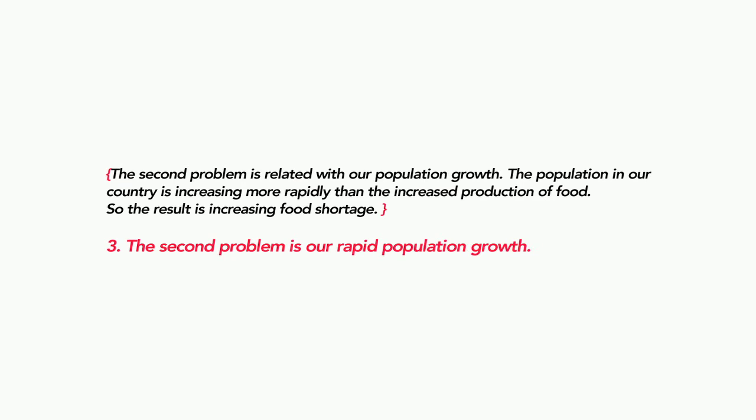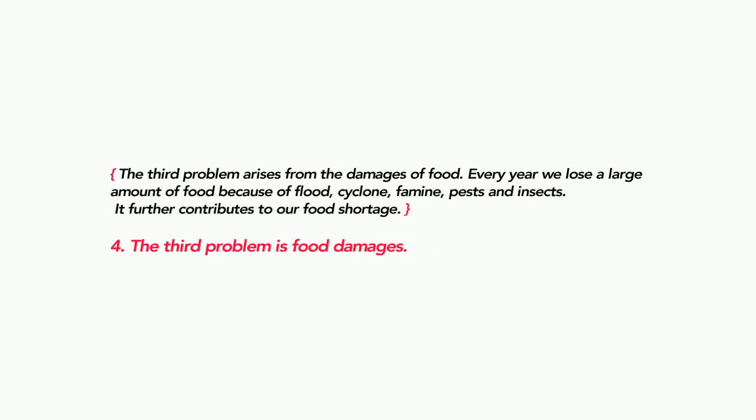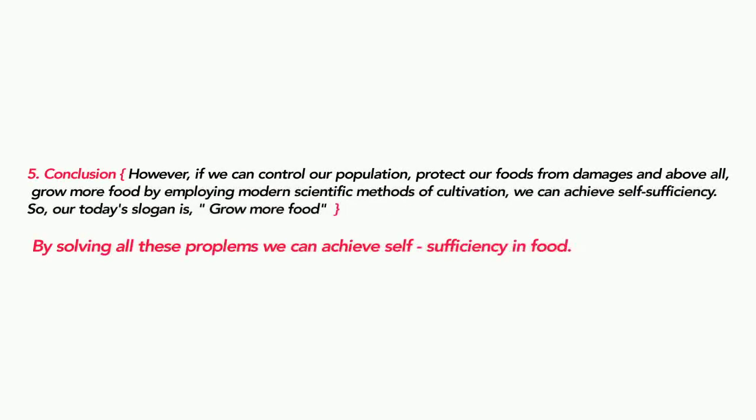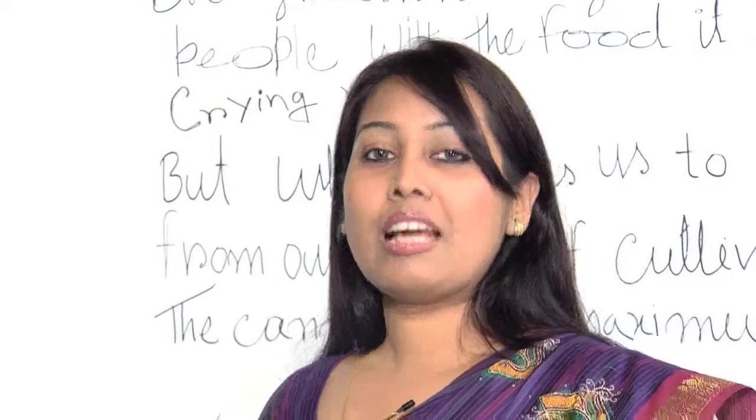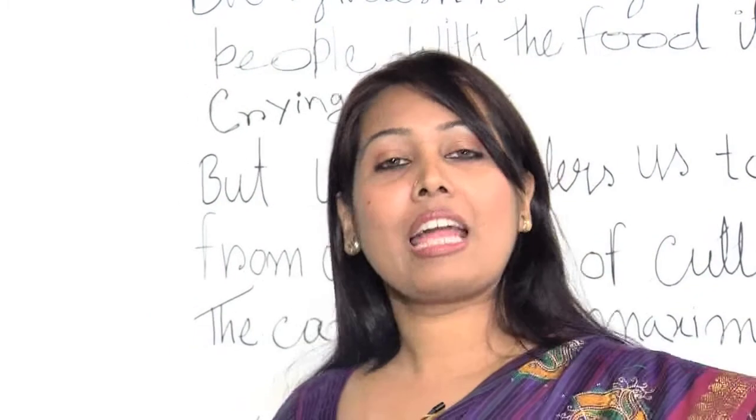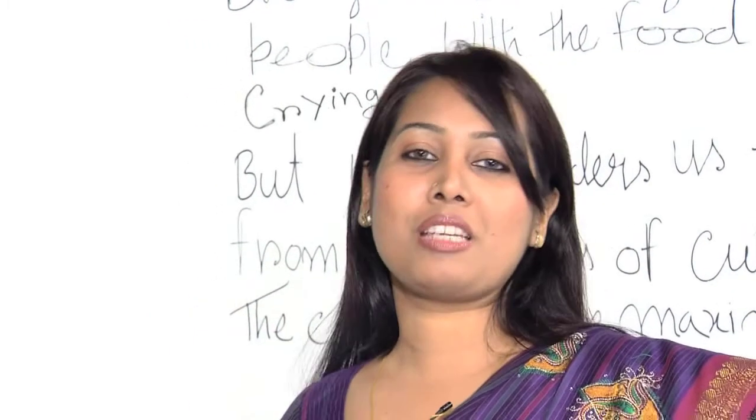Number 3, the second problem is our rapid population growth. Number 4, the third problem is food damages. Number 5, conclusion. By solving all these problems, we can achieve self-sufficiency in food. The way we are getting this structure can be called the outline of the composition.